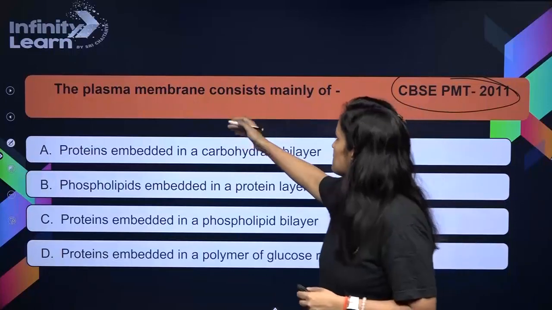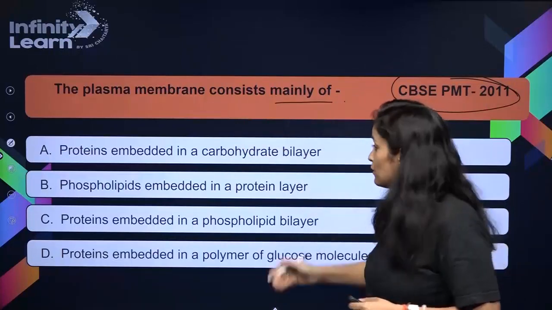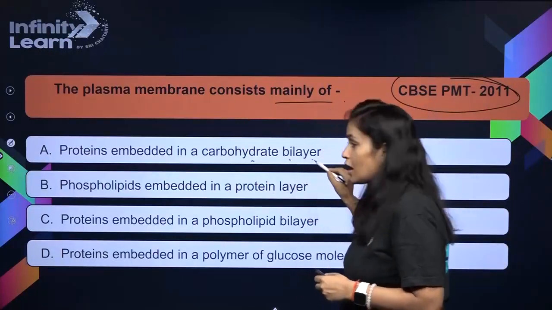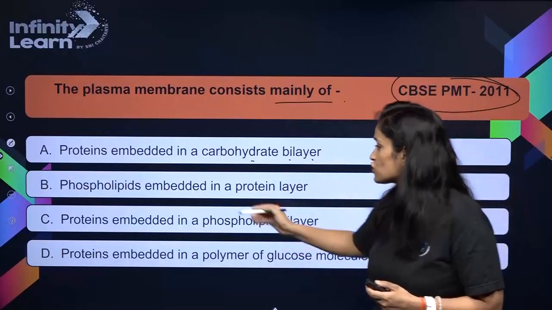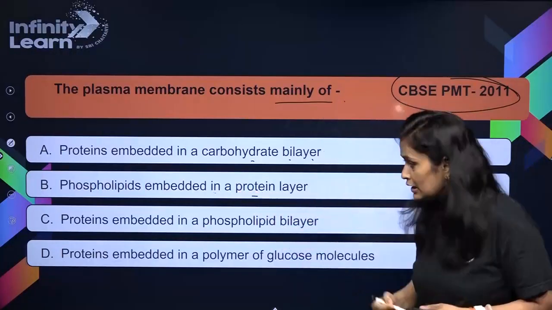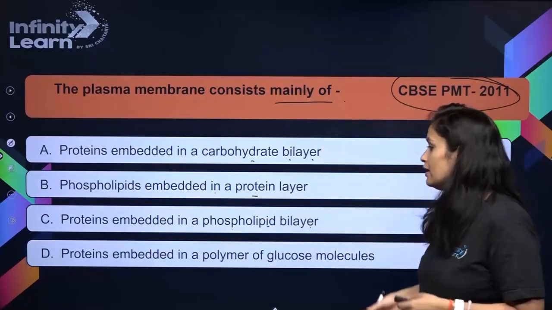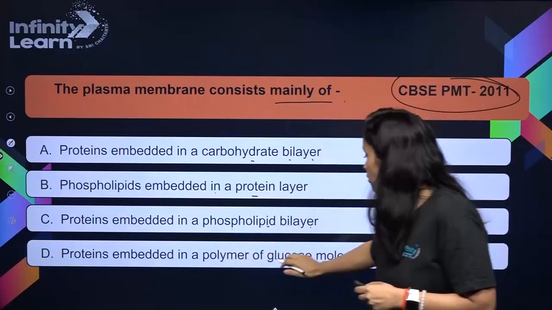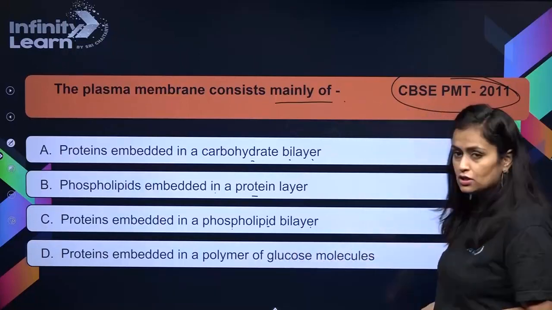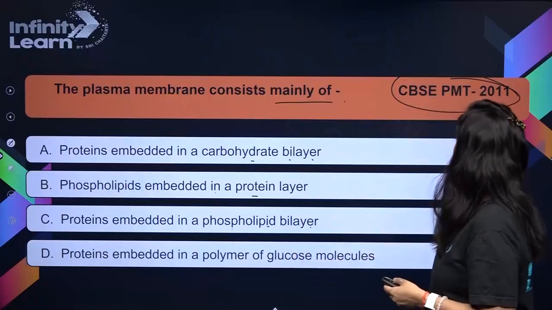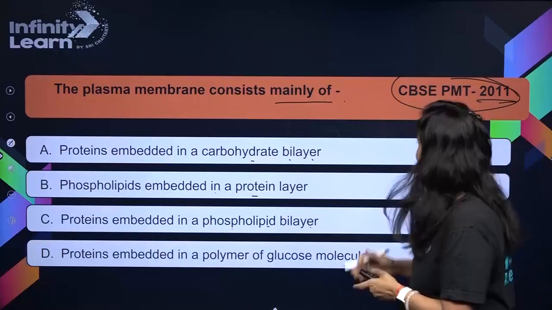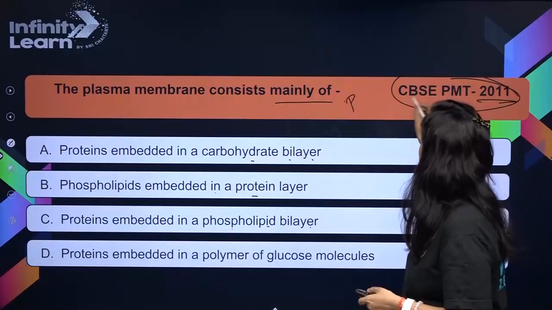So the plasma membrane consists mainly of what? Proteins embedded in a carbohydrate bilayer, phospholipid embedded in a protein layer, proteins embedded in a phospholipid bilayer, or protein embedded in a polymer of glucose molecules. So this is 2011, guys, a 2011 PYQ of CBSE PMT.